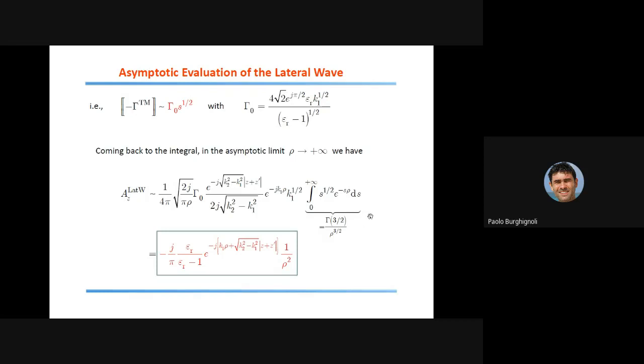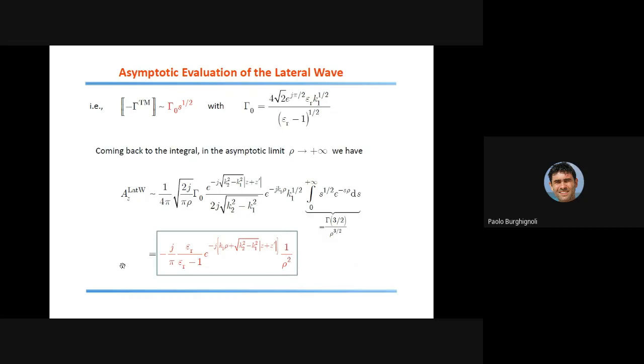If you change variables, you will see that a term like rho to 3/2 appears in the denominator, which joins the term rho inside this square root, to build up the overall behavior of the lateral wave, which is 1 over the second power of rho.